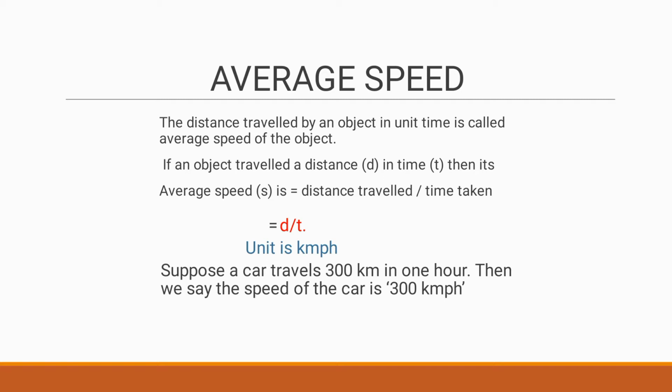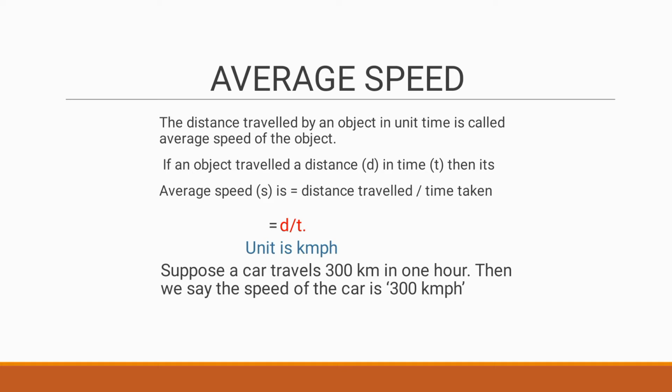That is, average speed is equal to distance by time, that is d by t, and its unit is derived by the unit of these two parameters, distance and time, that is unit of distance is meter and unit of time is second. So unit is meter per second. So meter per second is for short distance and kilometer per hour for long distance.